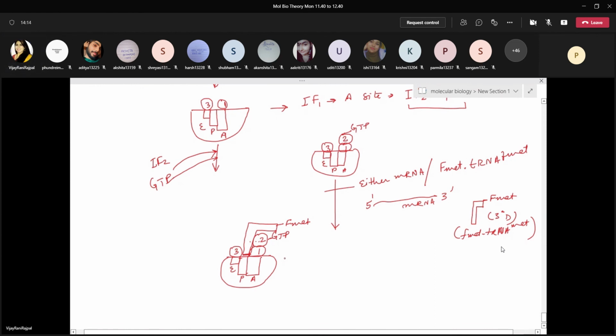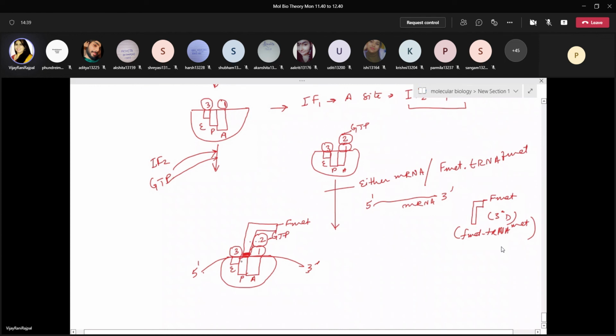Right? So here you have the anticodon. Then mRNA also joins. This is mRNA, with the 5 end and 3 end of mRNA. This is the anticodon of tRNA. It fuses with the codon, the first initiator codon, AUG, let's say.